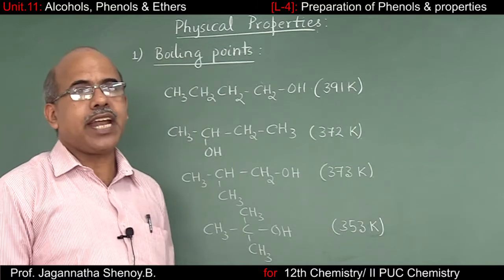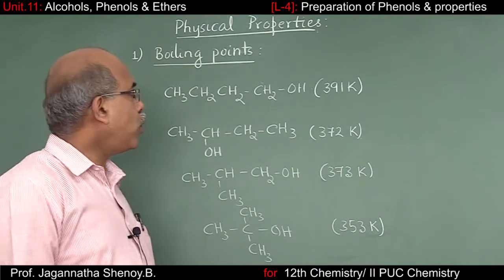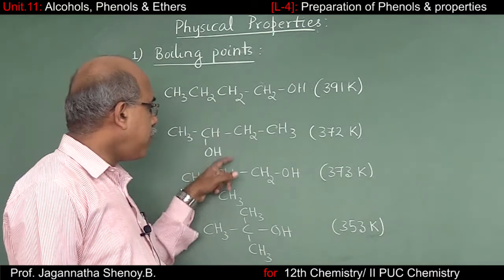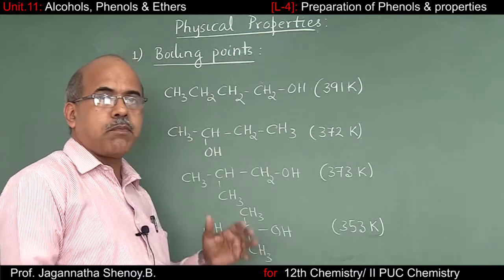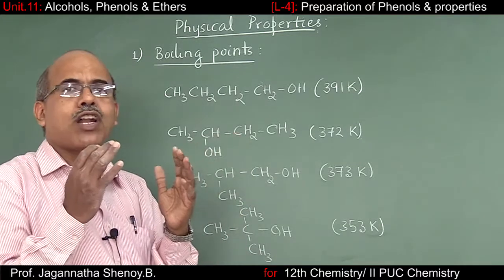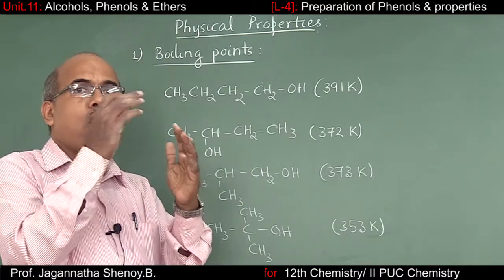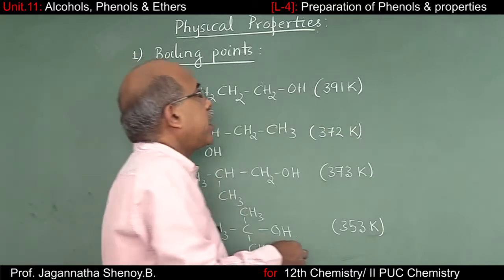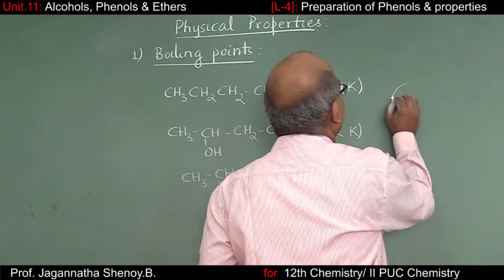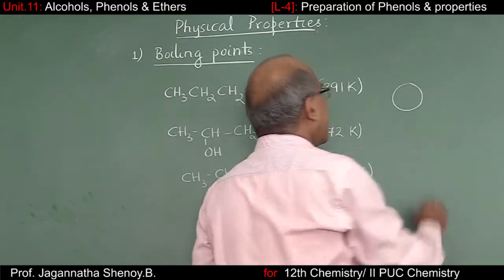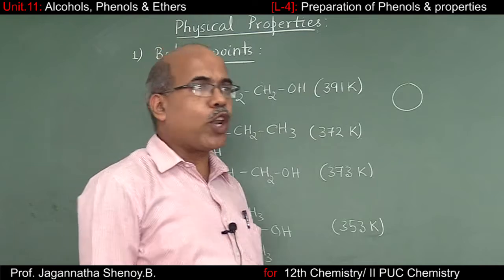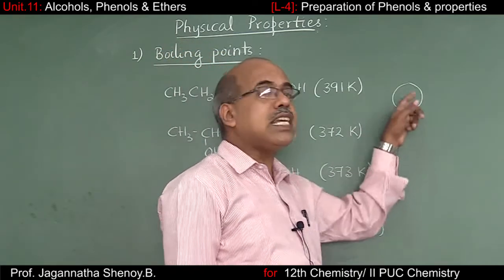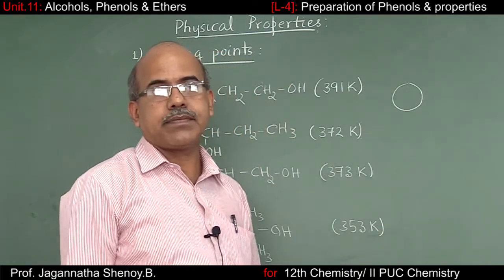As you have already studied under haloalkanes, as the extent of branching increases, the molecule becomes more and more compact and it almost assumes a spherical shape. And in mathematics, you might have already studied that for a given volume, a sphere has the least surface area.